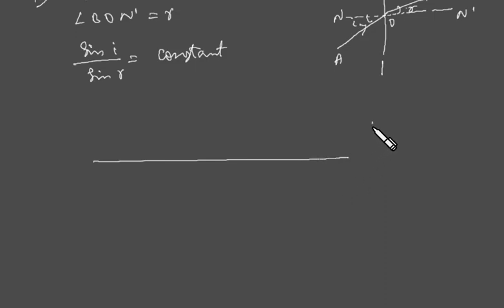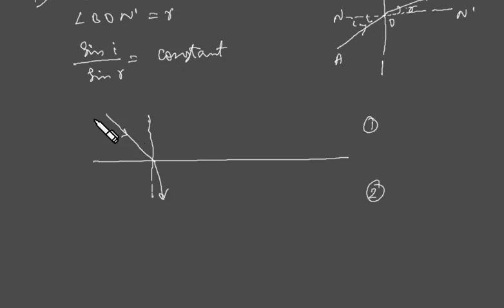Let's say this is medium 1, this is medium 2, and I take a single color of light, let's say red light, for example a laser beam. Let's say the laser falls at this angle and then it goes towards the normal.